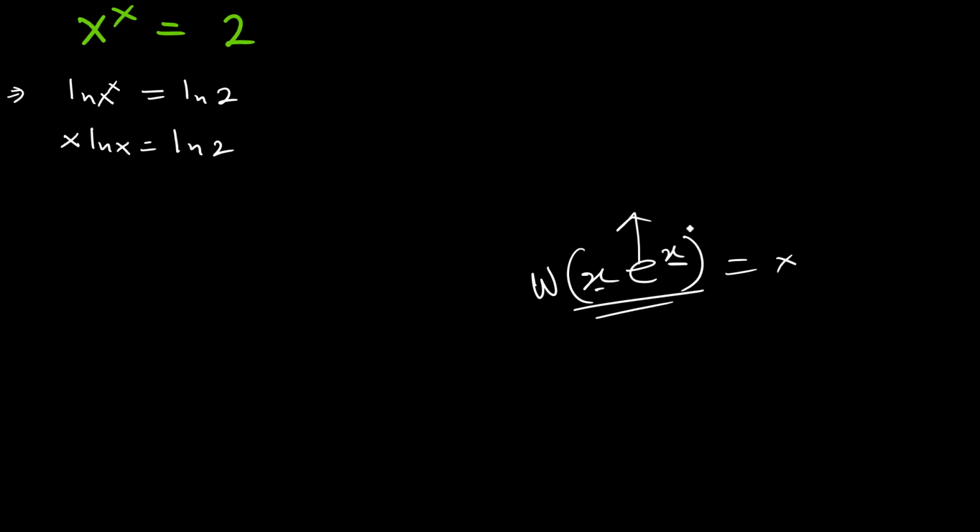So this e here is part of the natural log function. Remember, e and ln are inverses. When e is raised to ln of something, it will cancel. So e exponent ln of something is that thing.